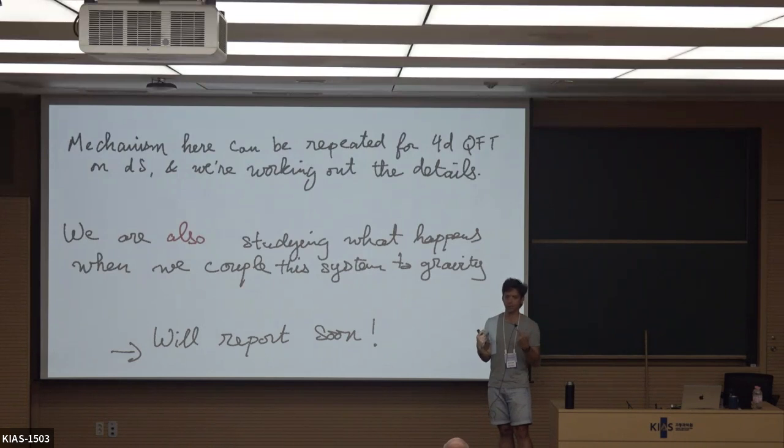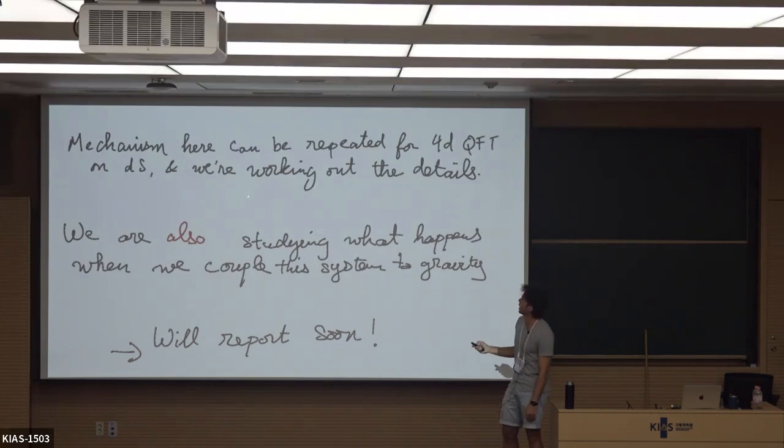All you need in order to ensure such a breaking, this universe structure of the set of ground states, is a zero form symmetry and a higher form symmetry which share a mixed anomaly. If you can find a theory that has that, then with high likelihood you have spontaneous symmetry breaking for this theory.